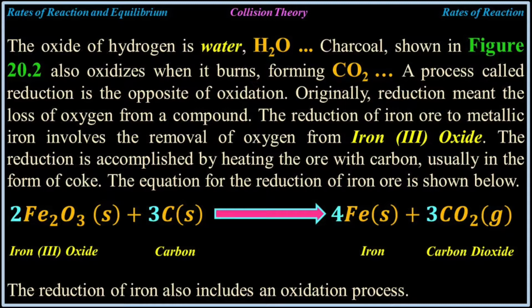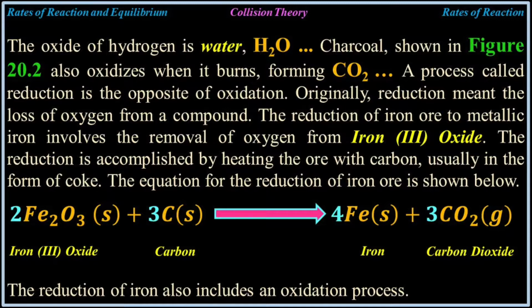A process called reduction is the opposite of oxidation. Originally, reduction meant the loss of oxygen from a compound. The reduction of iron ore to metallic iron involves the removal of oxygen from iron(III) oxide. The reduction is accomplished by heating the ore with carbon, usually in the form of coke.